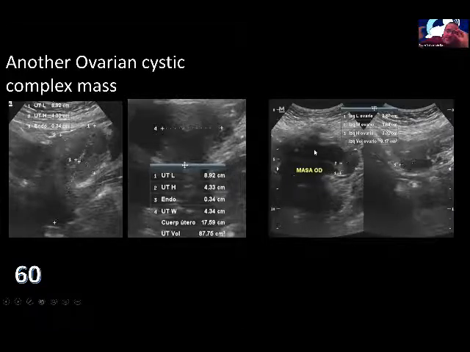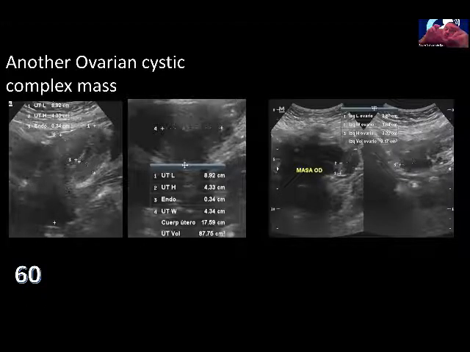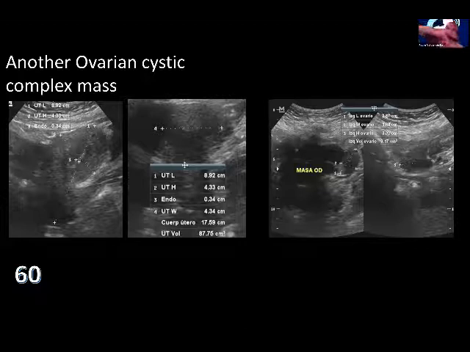Sometimes this kind of image can be seen in inflamed tubes, which go like that and look like a cyst, but in fact it's the fallopian tube, which is twisted like a snake and folded like this.